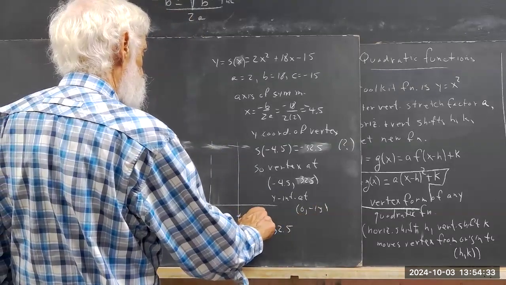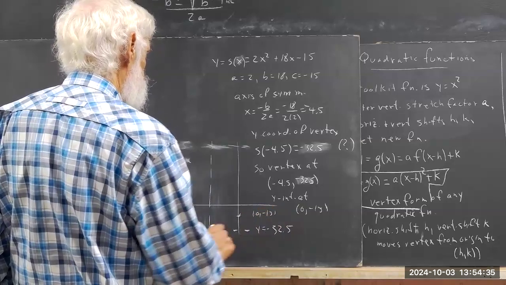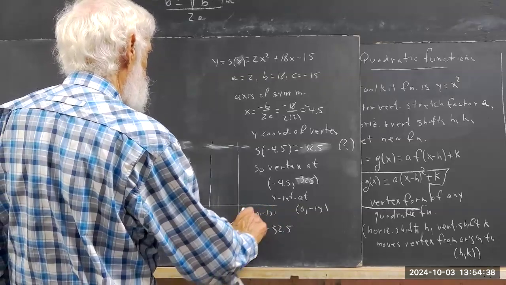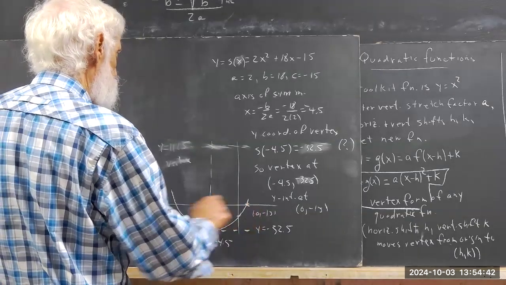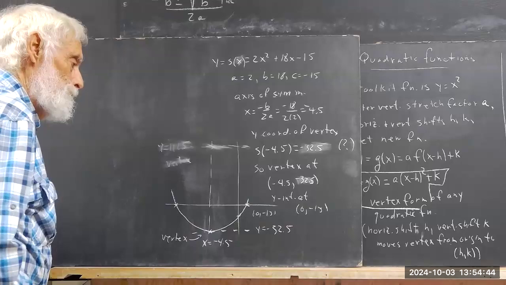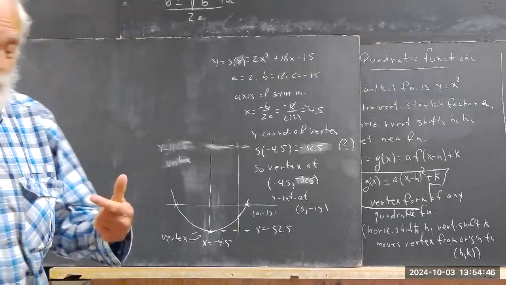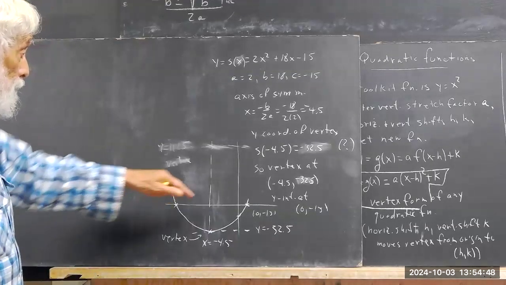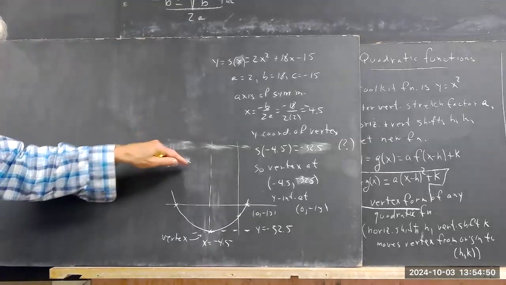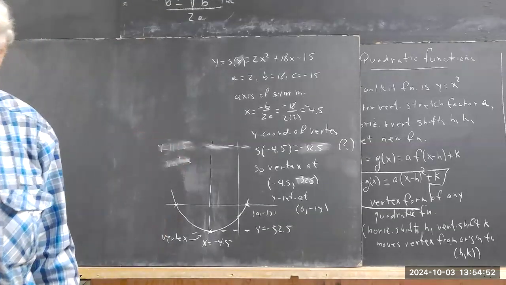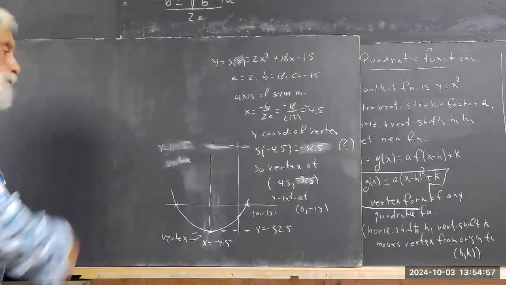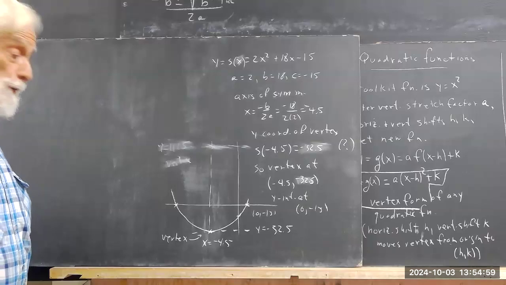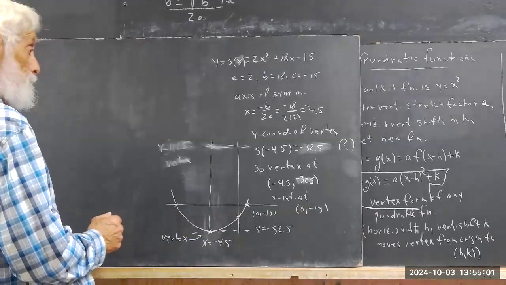So right here is 0, negative 15. And now I can draw a parabola, try to make it symmetric, and I can estimate my zeros. Okay, so we did this, and we're over time here, so I'm not going to keep you much longer. And if you've got to go, you can look at the video, which I hope is still recording. So we've constructed a graph that represents this function and shows the zeros.